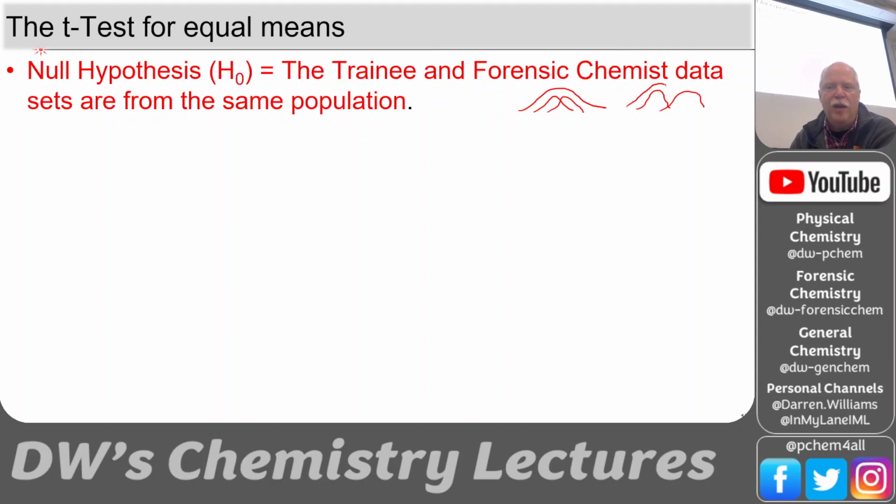It would have a bump here and a bump here, and that would be called bimodal data. There's 2 maxima, and this is what it's testing for. It's like we got these 2 data sets. Are they far enough apart that we have bimodal data? Or are they close enough that we just have a single maximum, a single population?